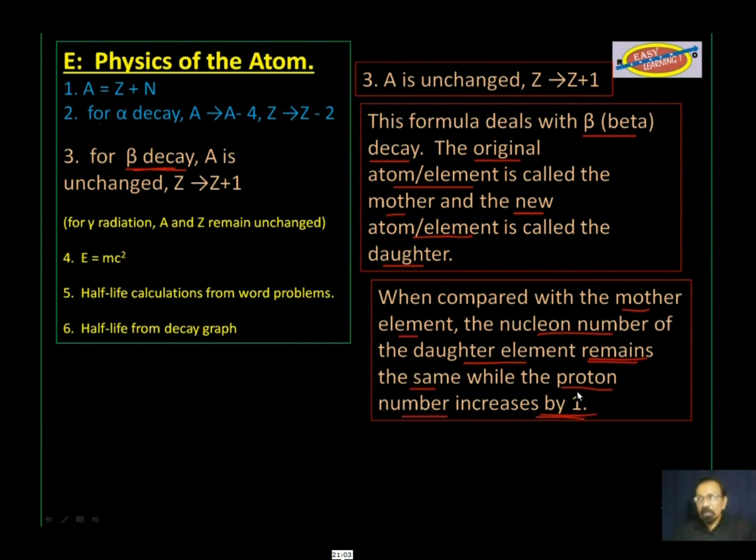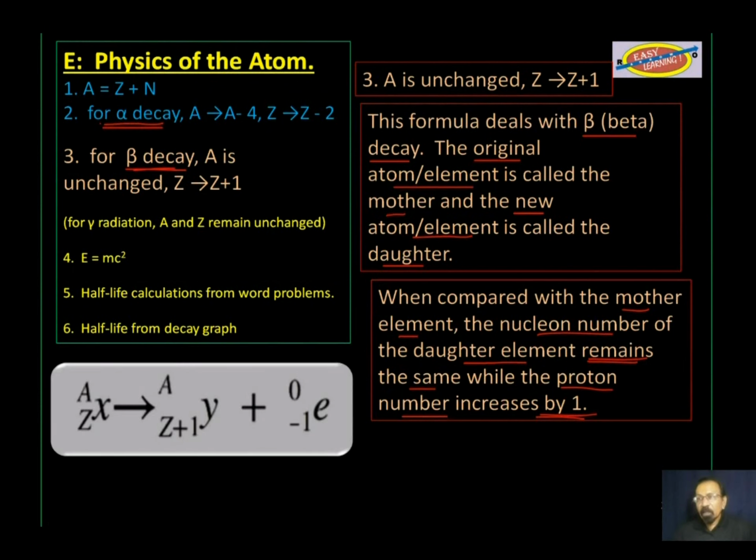This is totally different from what we were doing for alpha decay. So if the element is X, and this is the nuclear number, and this is the proton number, notice that the daughter element Y, the nuclear number stays the same, whereas the proton number increases by 1.